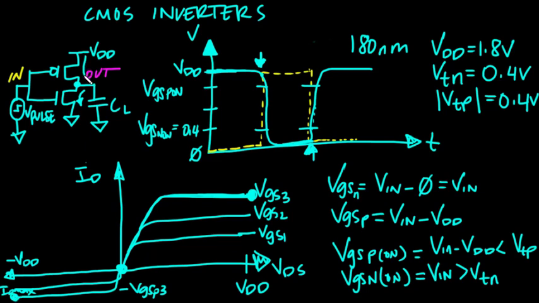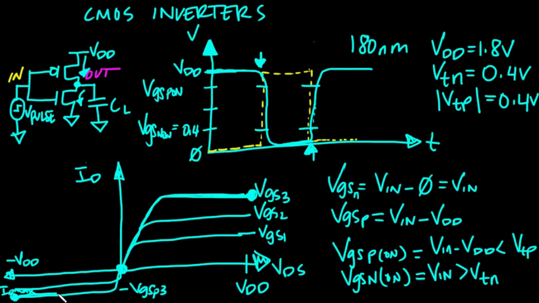That current is going to go from VDD to the output node, and it's going to charge up that output node. And as it charges up the output node, the VDS of the PMOS device drops, because the current going through the PMOS device is pulling V out closer and closer to VDD, and VDS is simply V out minus VDD. So VDS is dropping.